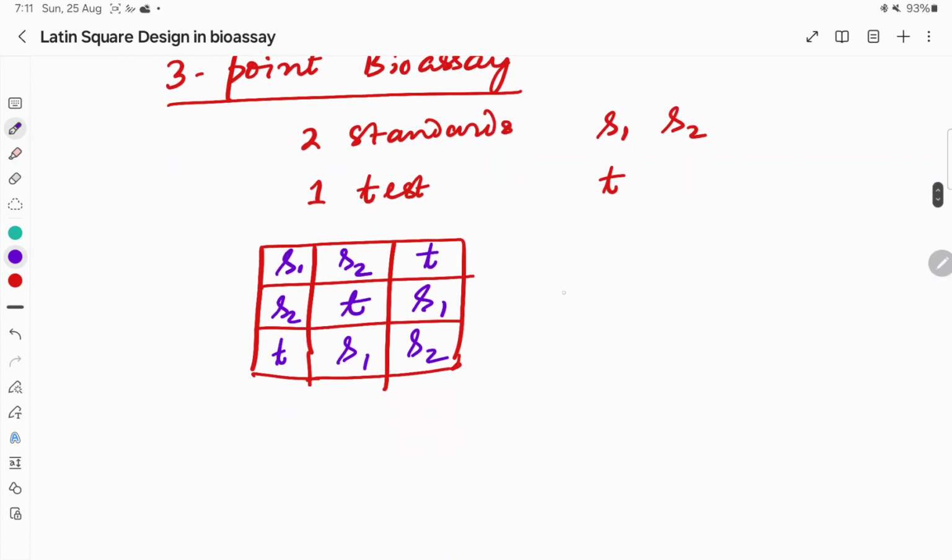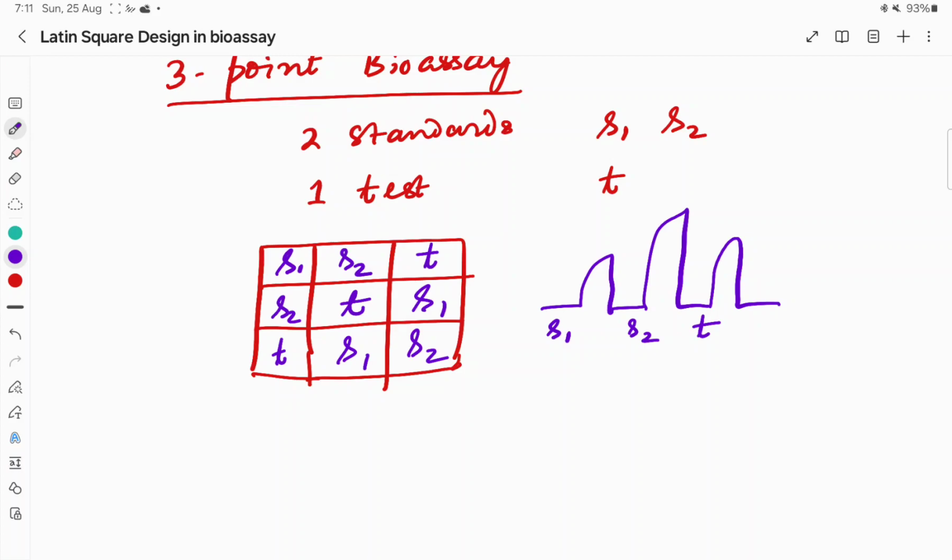That means this is the response of standard 1, this is the response of standard 2, and this is the response of the test.